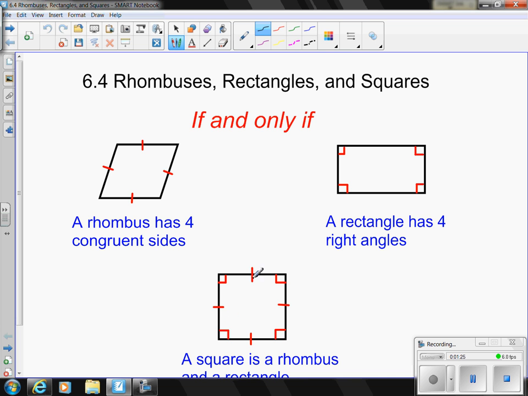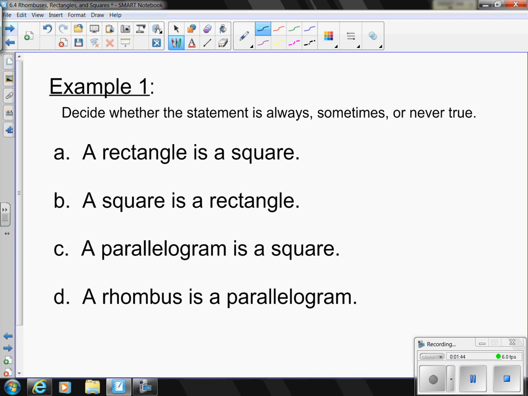If it has four right angles and four congruent sides, well, it still has four right angles. So any square is always a rectangle. Any square is also a rhombus. Now, a rhombus can sometimes be a square. We'll try to work this out here.